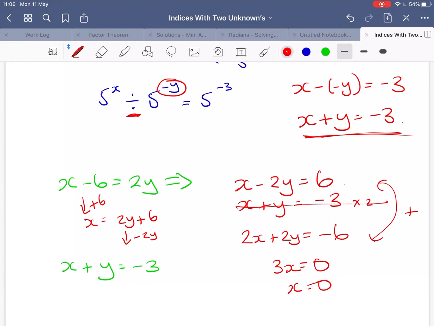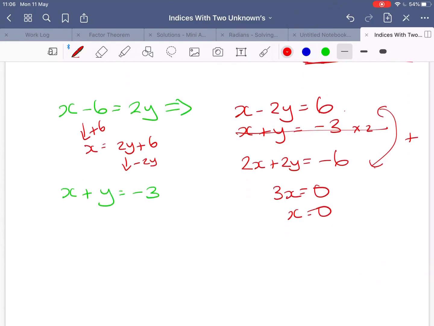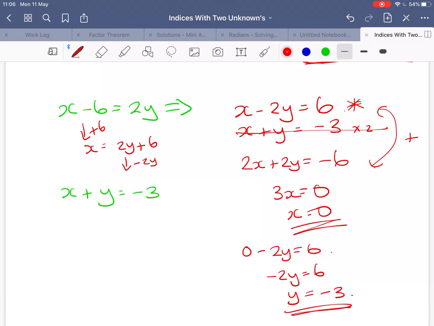And if my x is 0, using the top equation, I'd have 0 minus 2y equals 6, because x minus 2y equals 6 using this equation here. That means minus 2y equals 6, so my y must equal minus 3. And that's the type, you can have an answer of x equals 0. Okay, it is acceptable, it is allowed.